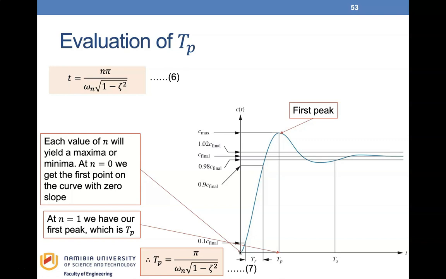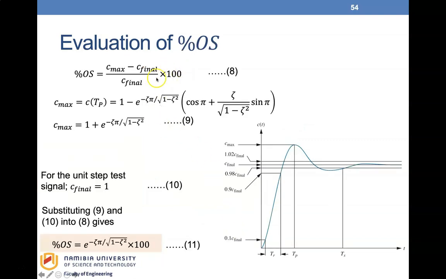which is then given by equation 7. We define the percentage overshoot as the amount that the waveform overshoots the steady state or final value at the peak time, expressed as the percentage of the steady state value. From the graph, we can see that it can be expressed by C subscript max minus C final divided by C final multiplied by 100, which is equation 8. C max is C of t at the peak time, Tp, which yields equation 9.